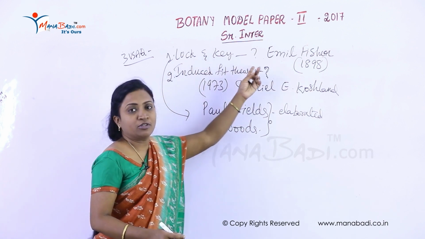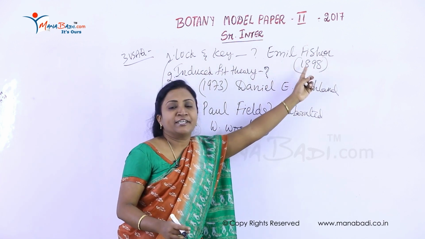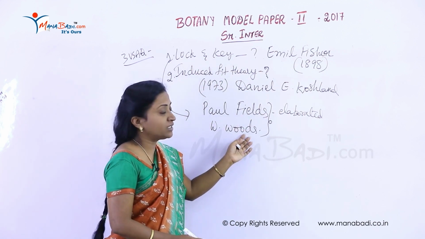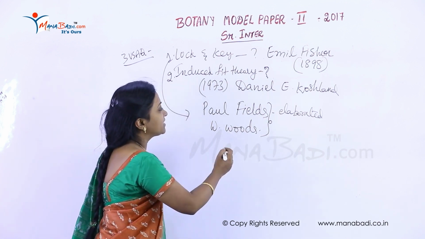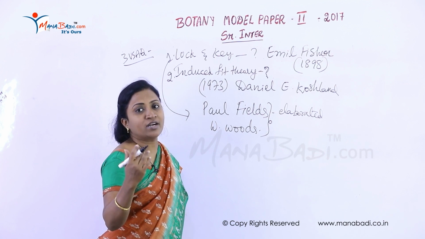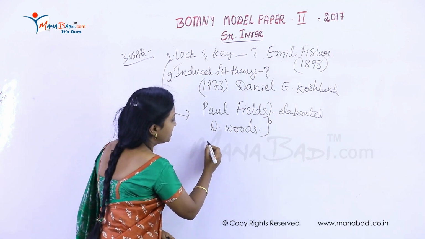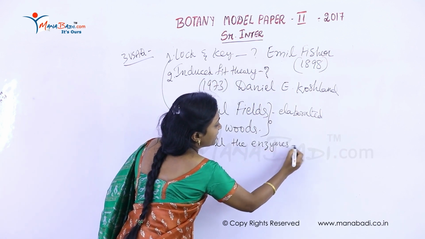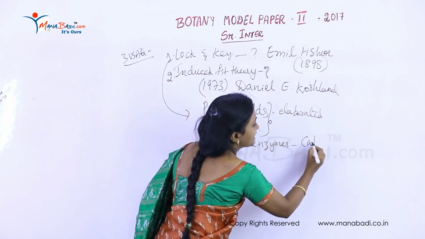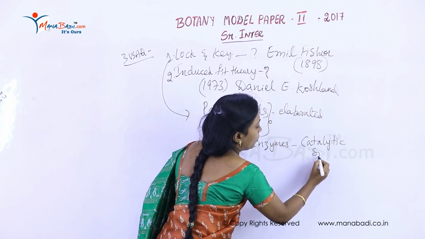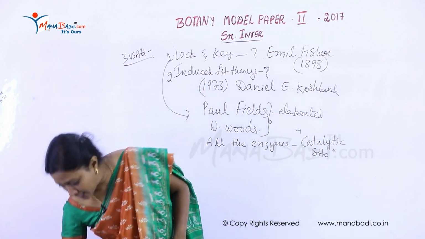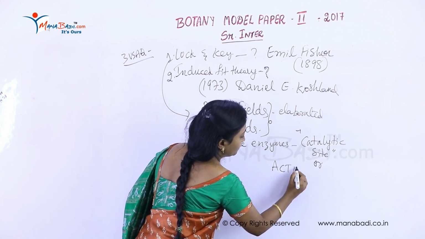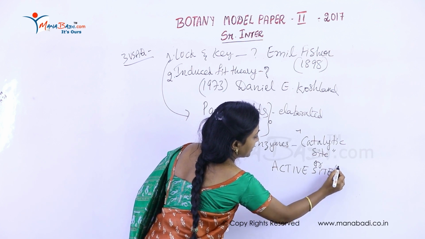So the lock and key hypothesis, which was first proposed by Fischer, was later elaborated by Paul Fields and W. Woods. And what does this hypothesis explain? It explains that all the enzymes have a catalytic site, or it can also be called active sites.